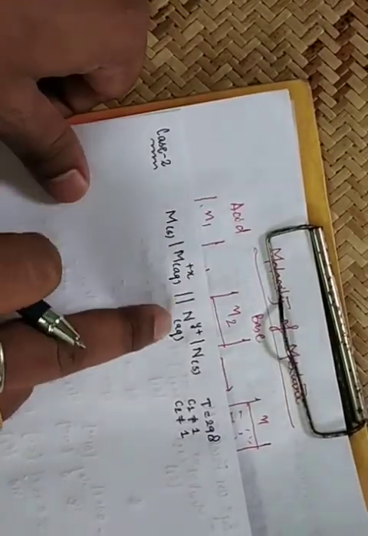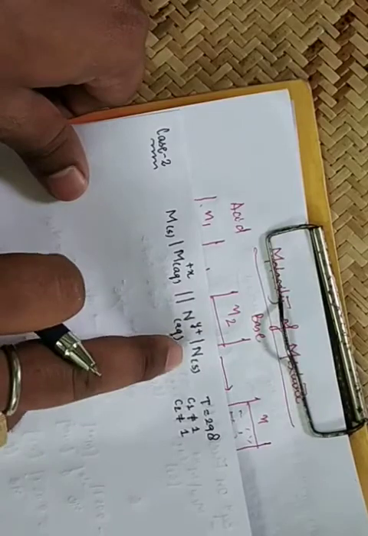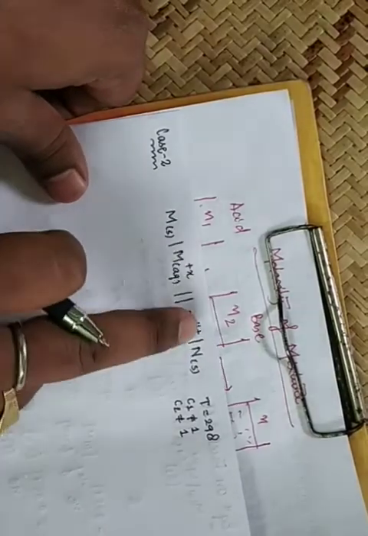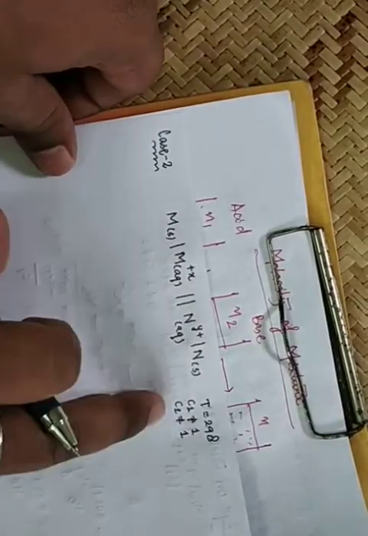Okay, now suppose you have case 2, M solid to M^x+ and N^y+. There is a different x charge and y charge, and the concentration is different again.